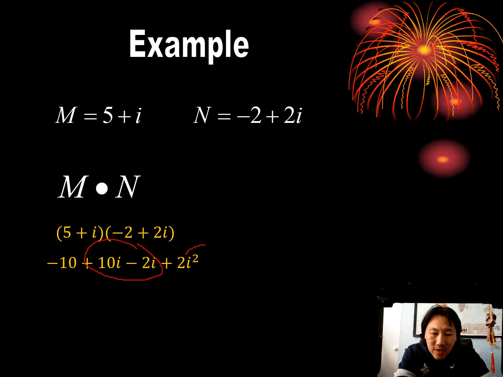And then, of course, we have an i squared that you change to a -1. When that happens, we have -10 plus 8i minus 2. Remember, the i squared changes this to a minus. And then the final answer is -12 plus 8i. All right, multiplying, not too bad.